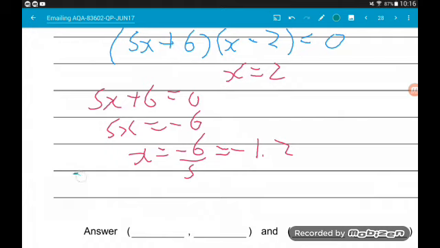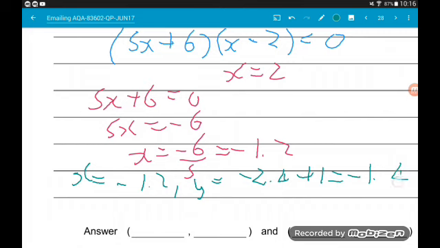Well, when x equals minus 1.2, then y is 2 times minus 1.2, so minus 2.4 plus 1, which is minus 1.4.